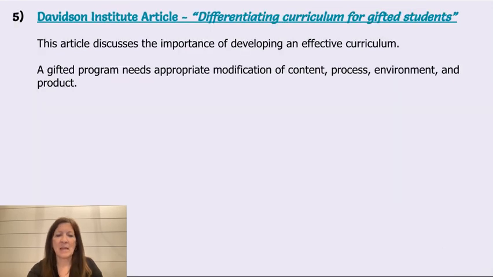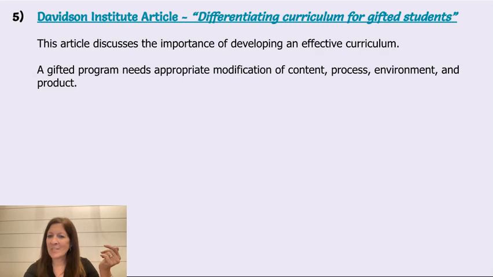And then lastly, the Davidson article on differentiating curriculum for gifted students. This kind of talks about the needs for modification of content, process, environment, and product. Obviously, in this course, we learned about those 4 different ways of how to differentiate for our students.